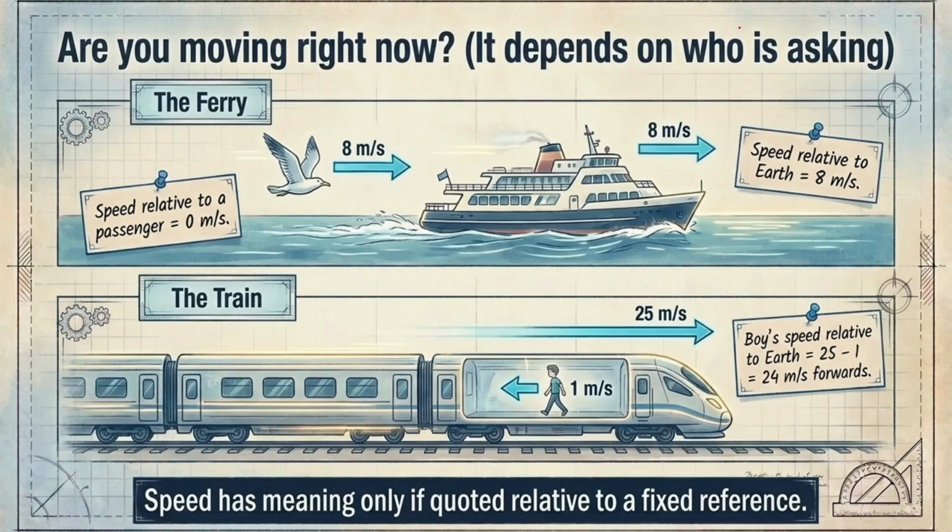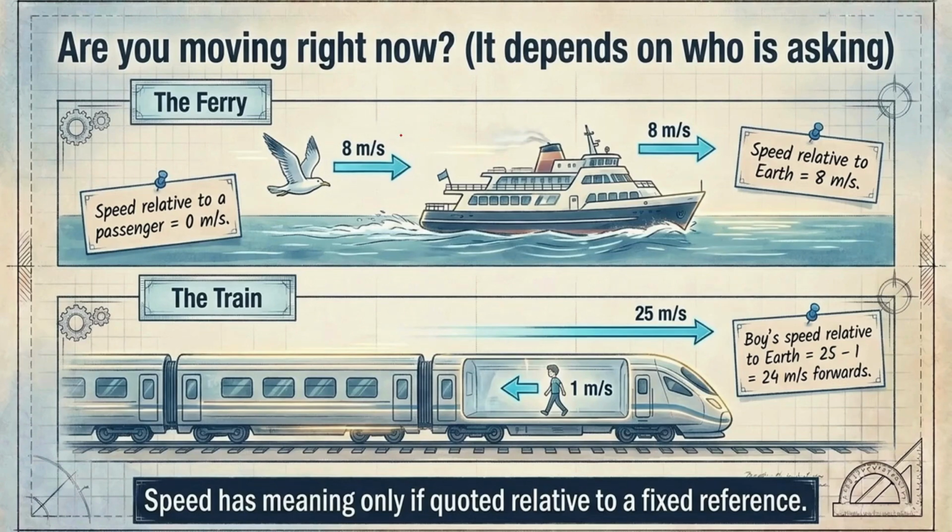Now, in my first scenario, we have a ferry which is going 8 meters per second in this direction. I mentioned the direction here as well. Now the bird is also moving in the same direction at the same speed. Consider the scenario where you are sitting in this ferry.